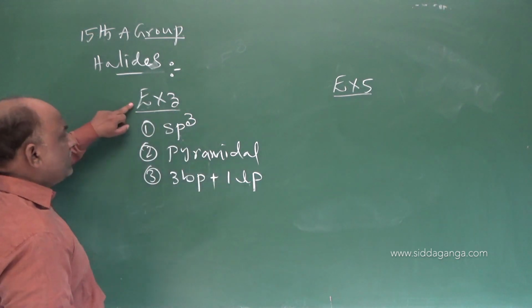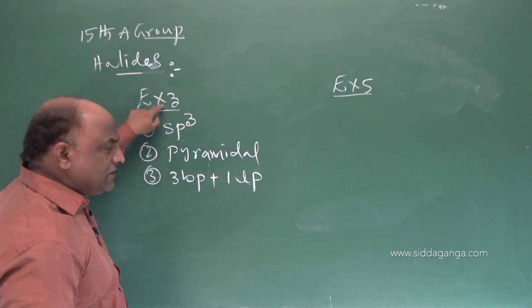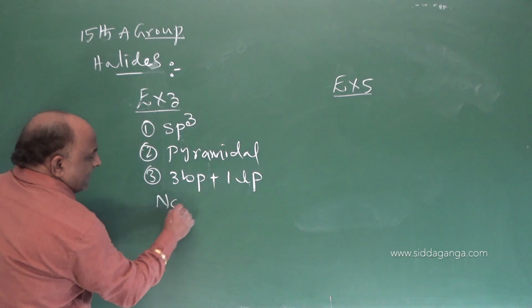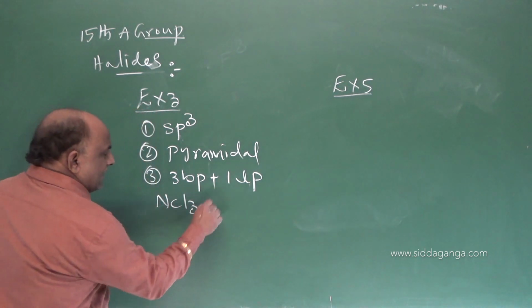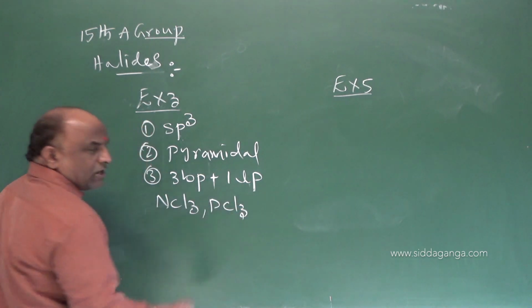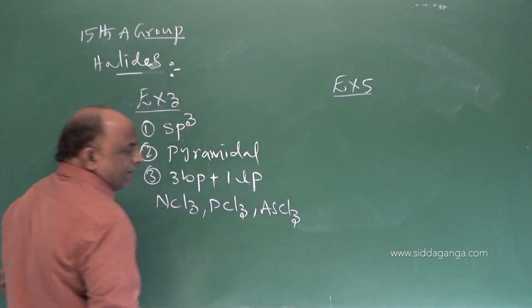And what are the examples? If E is nitrogen and X is Cl, the example is NCl3, nitrogen trichloride, PCl3, phosphorus trichloride, and AsCl3, arsenic trichloride.